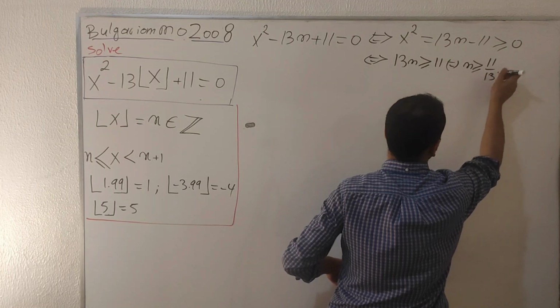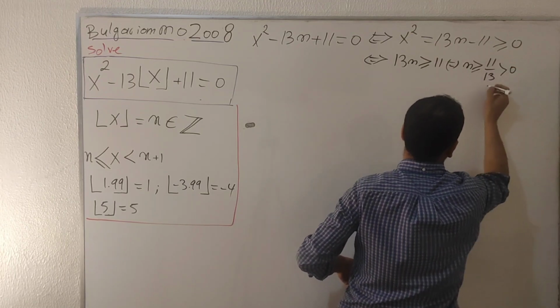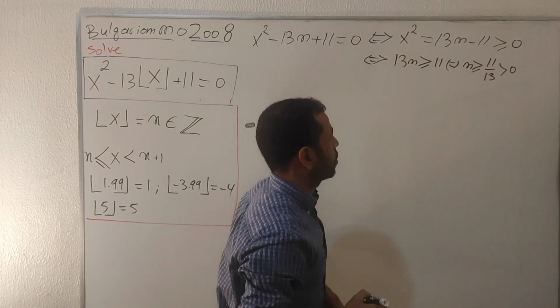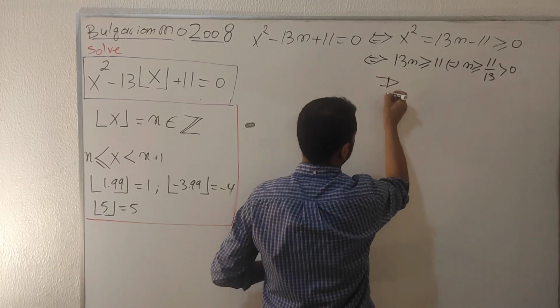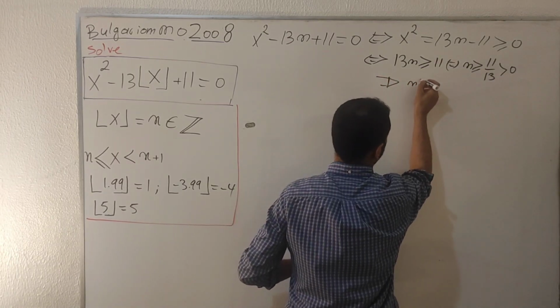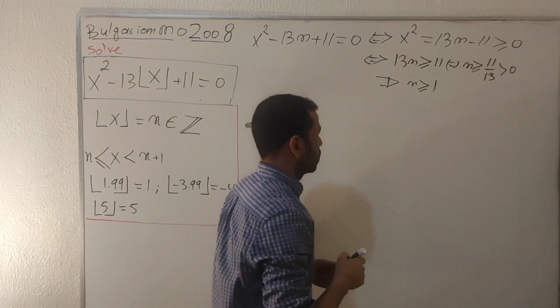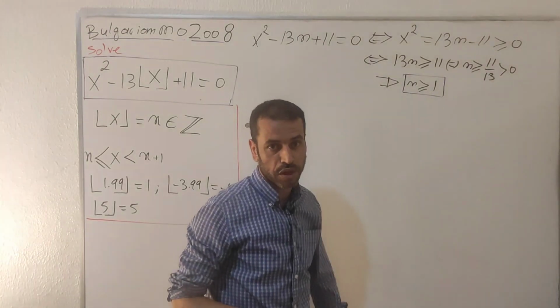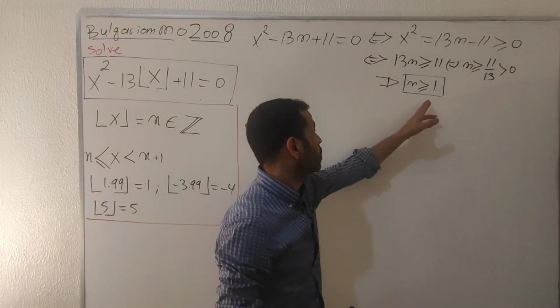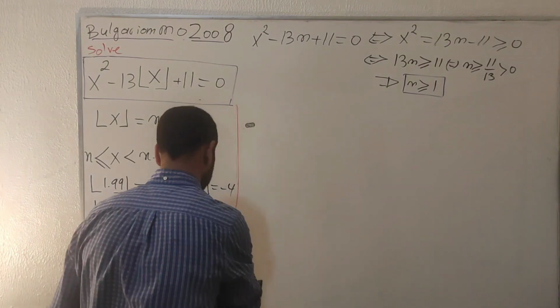This number is strictly greater than 0. Since n is an integer, n must be greater than or equal to 1. We don't have to worry about the negative numbers at all.